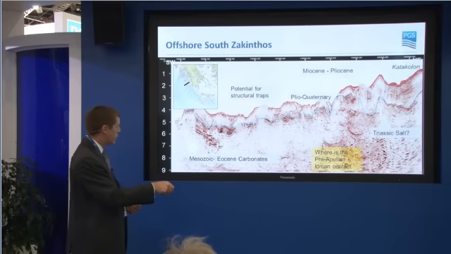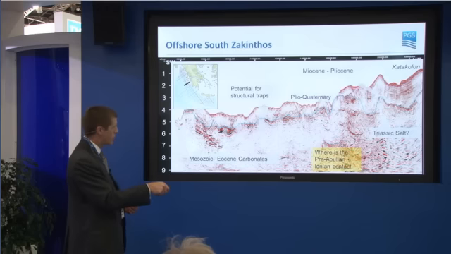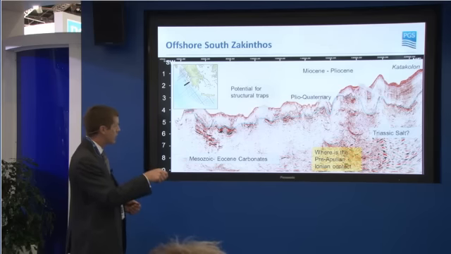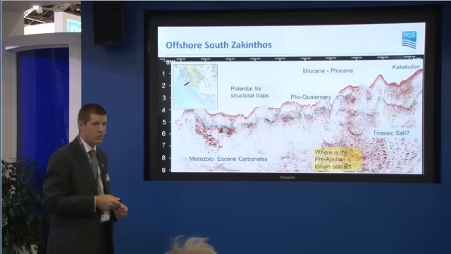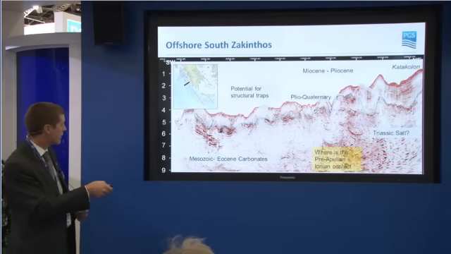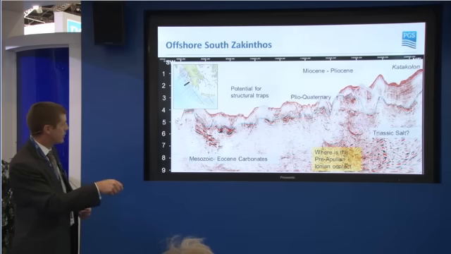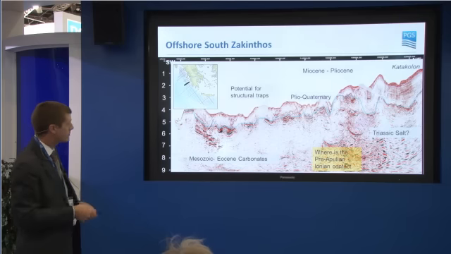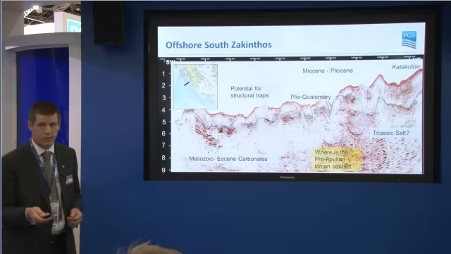So the things that we need to identify are where the principal thrust sheets are, and where the pre-Apulian or Paxi Ionian contact is, and then image these faults and identify the highs, and look for both stratigraphic and structural traps in the area, as well as identifying the salt. We can see there are areas where it appears to be diapiric salt, Triassic salt that's been remigrated.